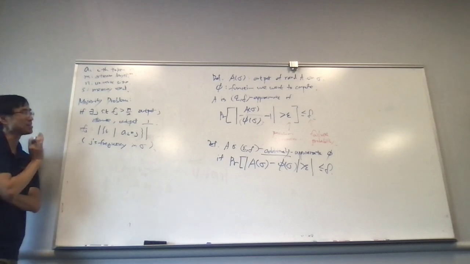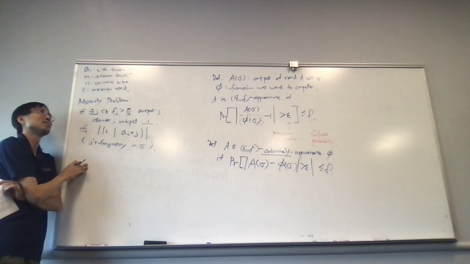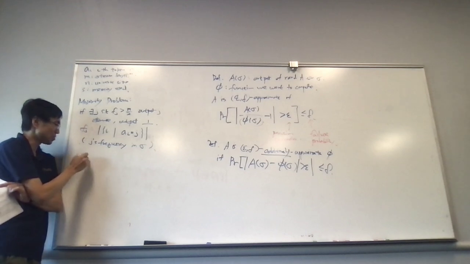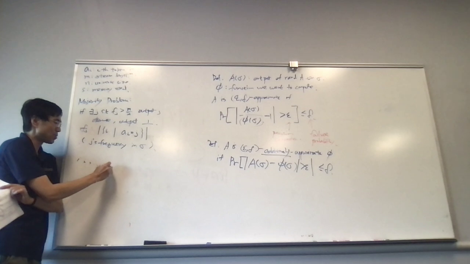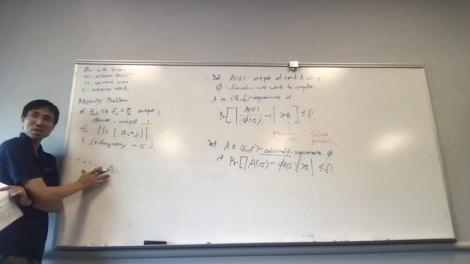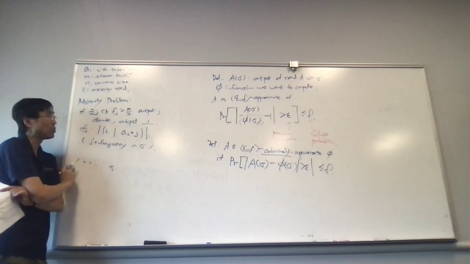Maybe you can maintain some elements. One possible thing is that initially you maintain element 1, element 2, element 3, up to m over 2 elements, and a counter for each of these, because you never know which element will be the majority element.